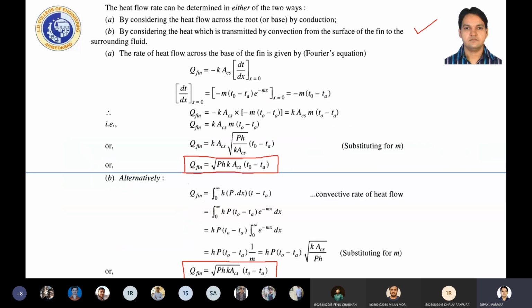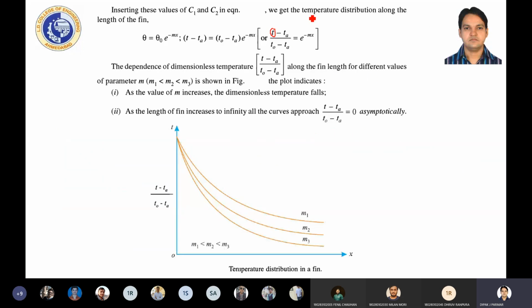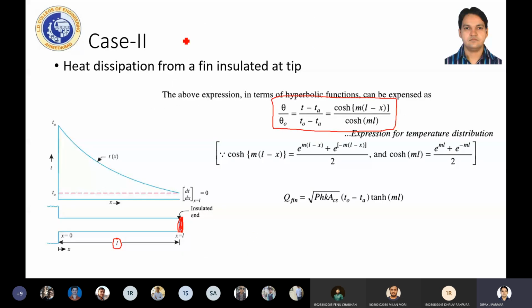So the difference you can see here: in the previous case the equation was (T minus T_A) upon (T_O minus T_A) equal to e raised to minus mx, while in case of finite length and insulated tip the equation comes to cosh(m(L minus x)) divided by cosh(mL).